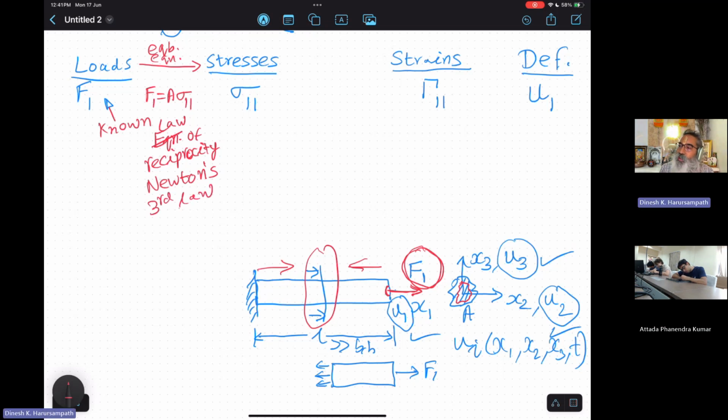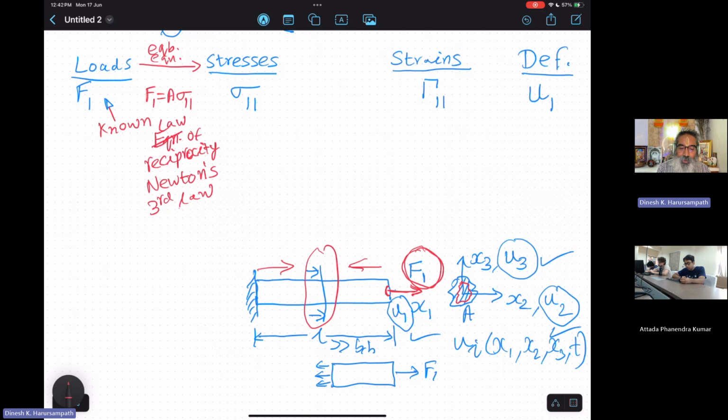So the action that is there is the force, because that's what we are giving as the input. The output is something coming from the structure, which is trying to react to that input that we have given, and it is trying to react to it through the stress that is coming out, which is your sigma 1,1. Now what Newton's third law says is every action has an equal and opposite reaction.